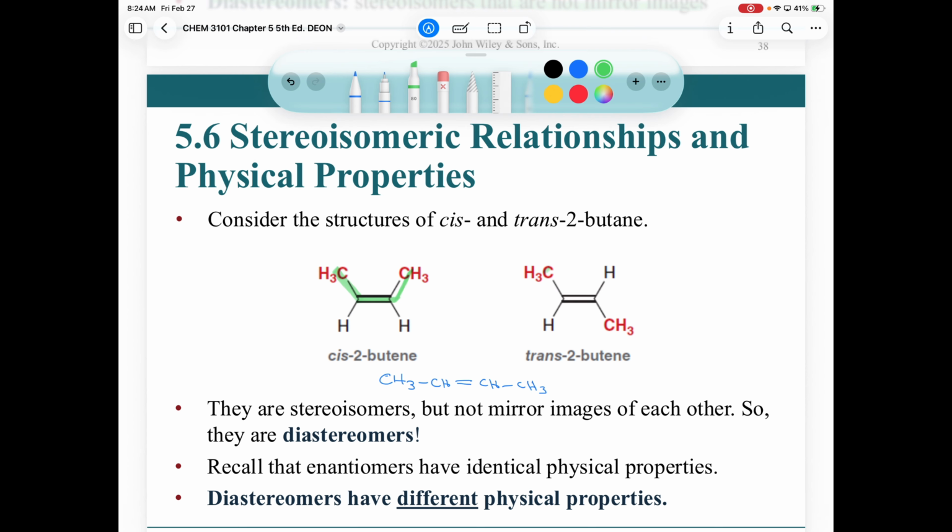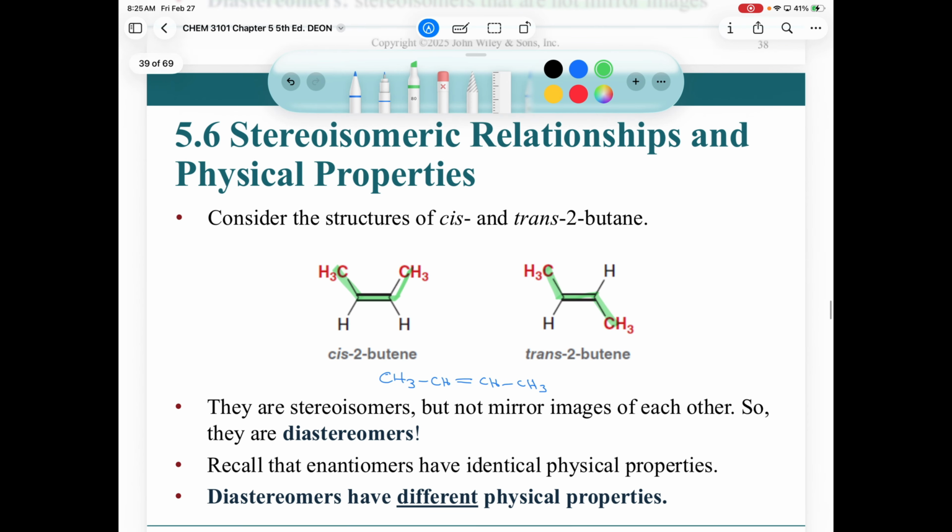One goes like this, if I trace the carbon skeleton, the other one goes like this. Unlike enantiomers, which stack up the exact same way and have the same physical properties, same melting point, same boiling point, same refractive index, same density, same IR, same NMR, diastereomers are going to have different physical properties because they stack different ways. They organize themselves differently in a pure sample.